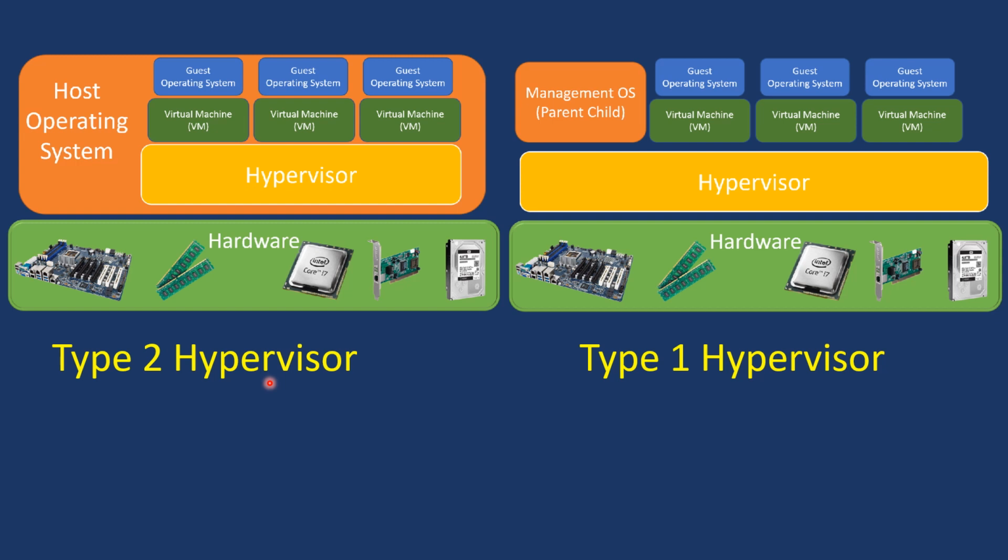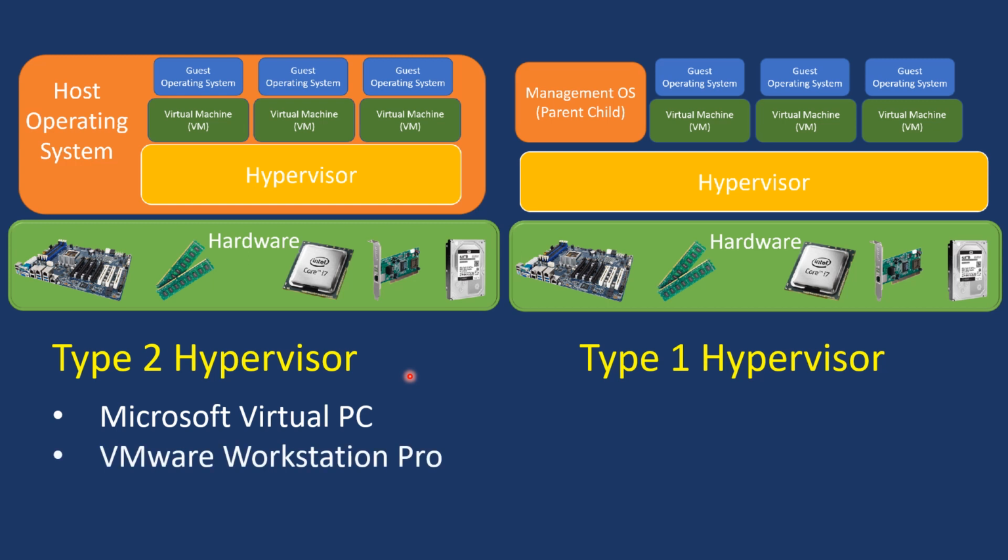So to make things clear, I will give some examples of type 2 hypervisor. One of the products for type 2 hypervisor is called Microsoft Virtual PC. Although this is now old and has very minimal basic features, just for your information, we have a product known as Microsoft Virtual PC.